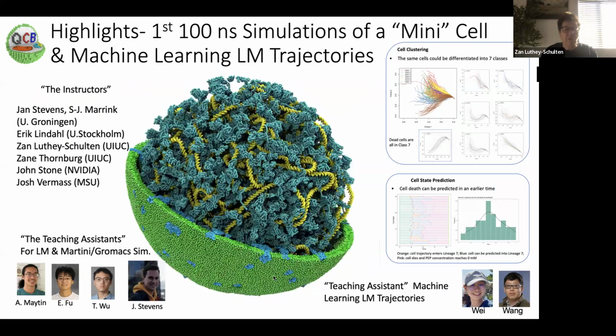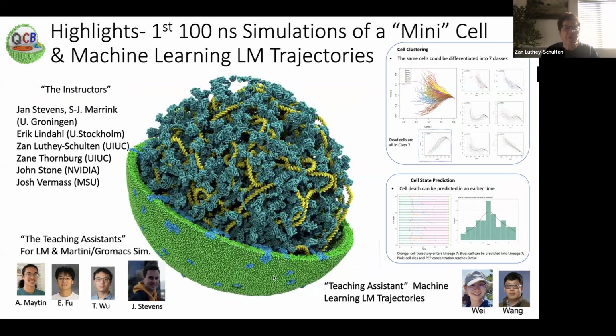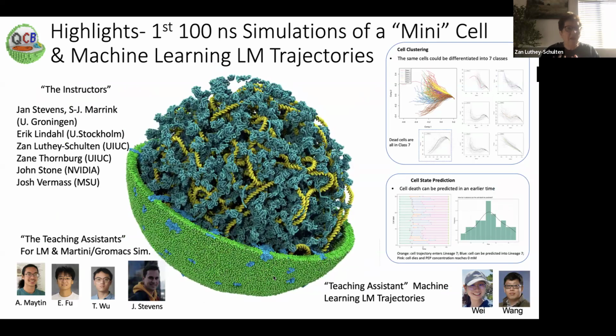And I will tell you, even when we run these trajectories, because this cell has eliminated so much of the regulation, some of the cells die. So we work with a colleague in computer science to put the trajectories in different categories. And so can we tell early on what cells are going to die, so we don't have to run those, because doing a full study takes, like I said, 4 days.